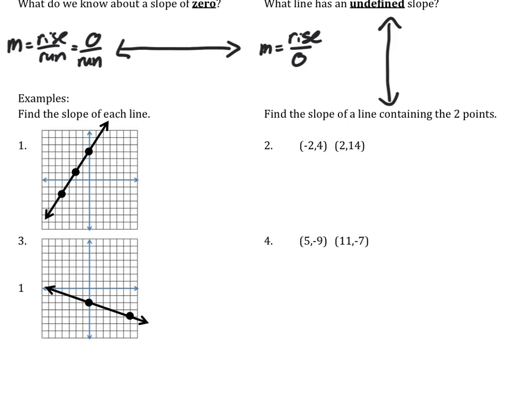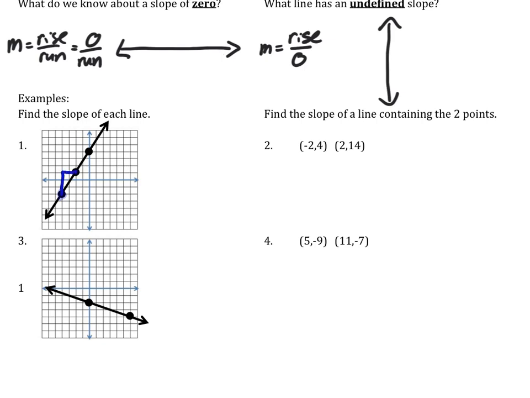So you want to go ahead and select your leftmost point, and then you want to connect it to the next point by rising. So doing a vertical movement, and sometimes it'll be up, sometimes it'll be down, and then running. So because we're going from left to right, your run or your horizontal movement will always be to the right. So we're going to rise and then we're going to run.